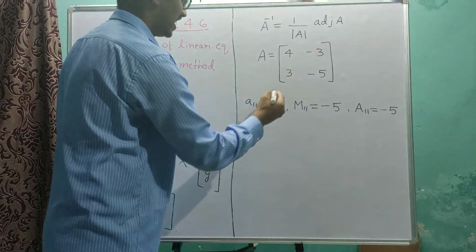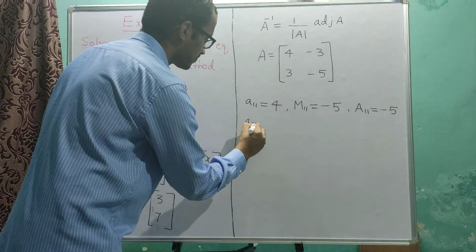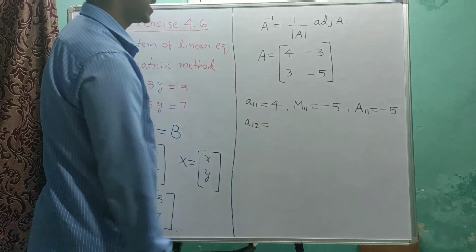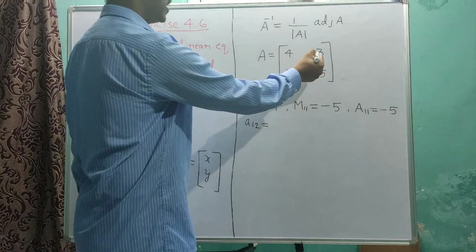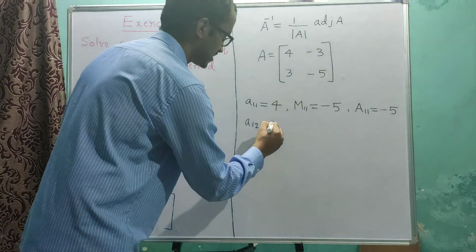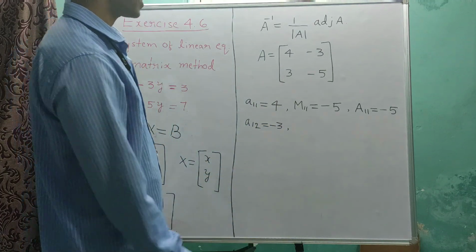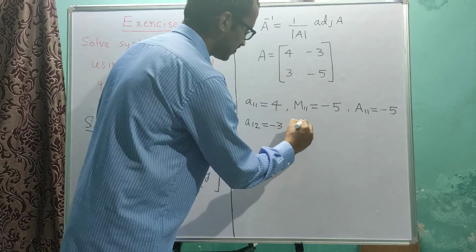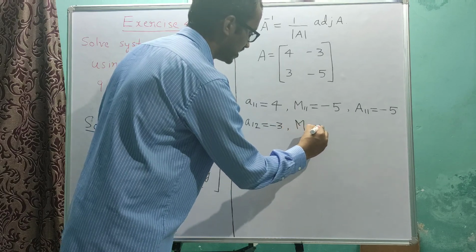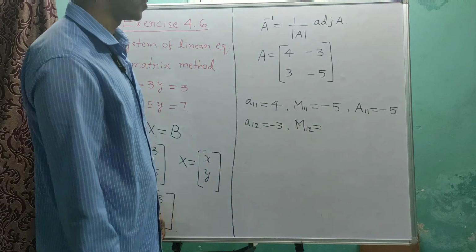Next element A12. A12 means the second element in the first row, that is minus 3. Then the minor of A12 is denoted by M12.